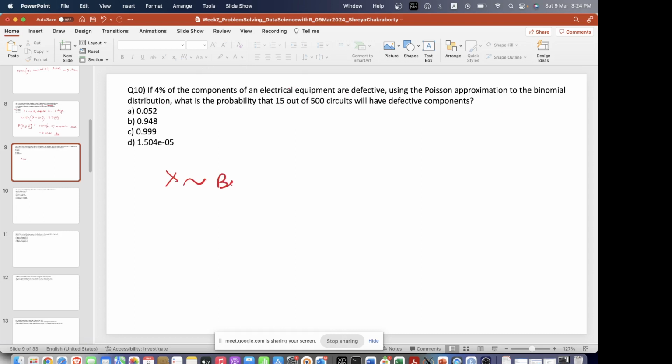Suppose X follows some binomial(n, p), and when n is very large, then X can be approximated by a Poisson distribution. And what would be the parameter lambda of this Poisson distribution? Anybody remembers?